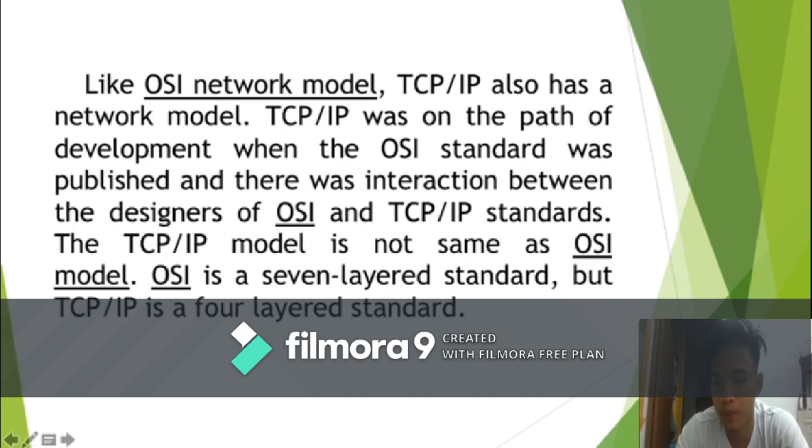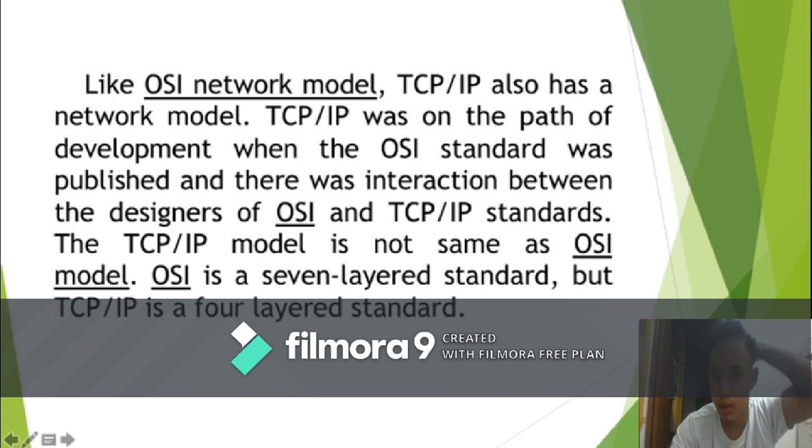So what are those layers? From the OSI model we have 7 layers, but here in TCP/IP we have four layered standards. These are the application layer, transport layer, internet layer, and network access layer.